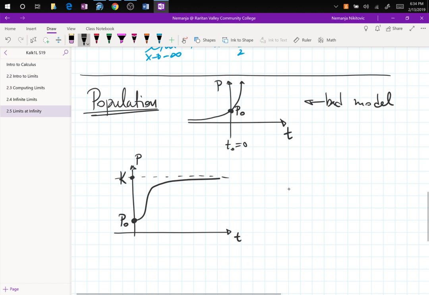It doesn't have to be just population like this. You can think of other situations where you can use this, but now I'm going to say that the limit as time goes to infinity of the population is going to be equal to K in this one. So it's a horizontal asymptote. It's the maximum value that can be reached.